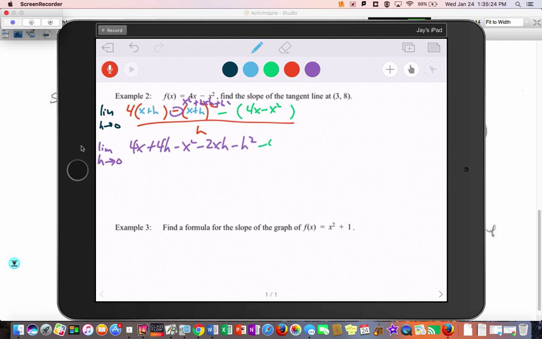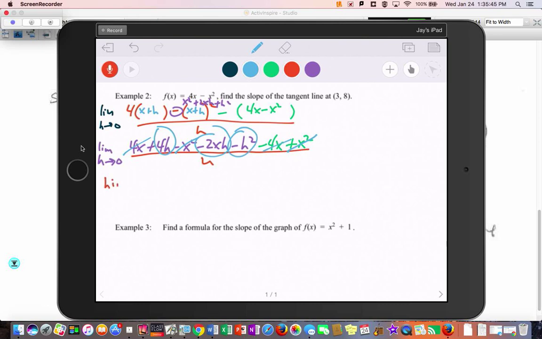Then in green, I have minus 4x plus x squared. So there's a negative 4x and a positive 4x and x squared and a negative x squared. So those are my terms that are left.